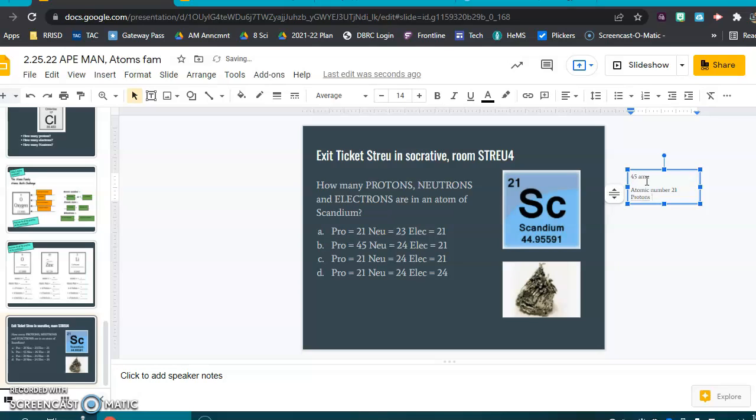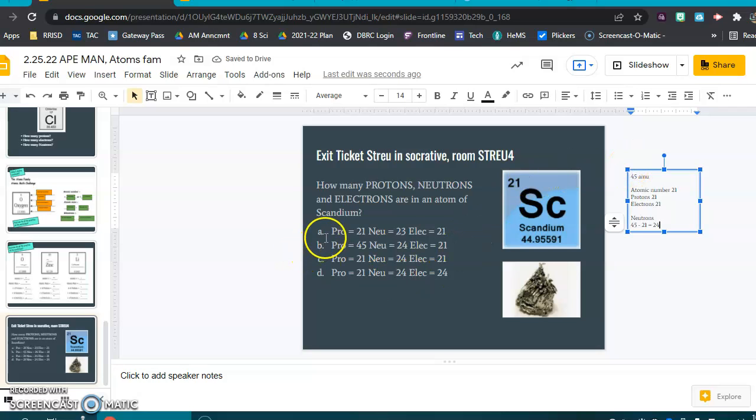I have 21 electrons, because they have to be equal. So I have to find my neutrons. And that's 45 minus 21, which is equal to 24.